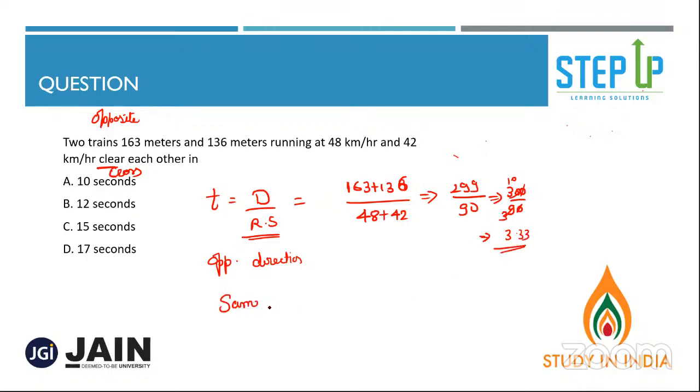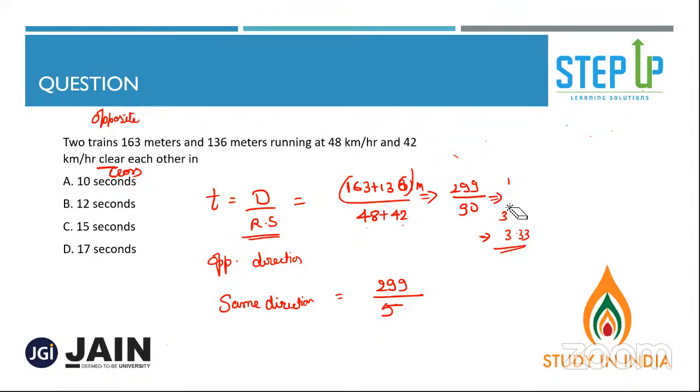If you take same direction, then let's see if the answer is coming or not. 299 by 48 minus 42 is 5. This is in meters, and 1 minute. Yes, dimension, correct. So we need to convert it into meter per second.